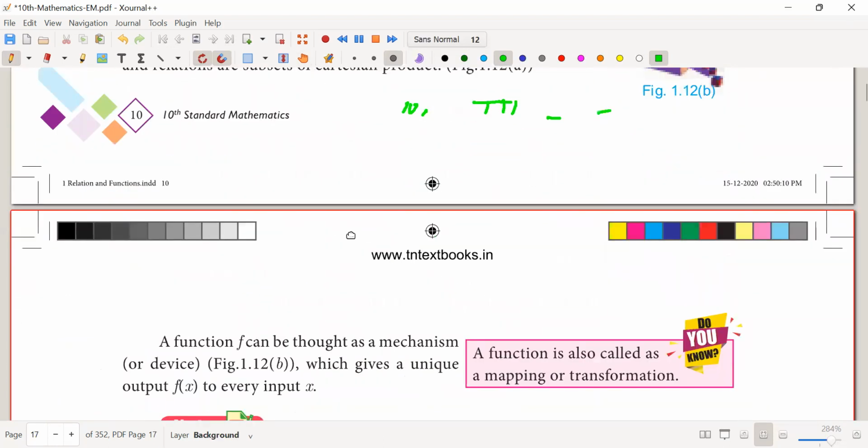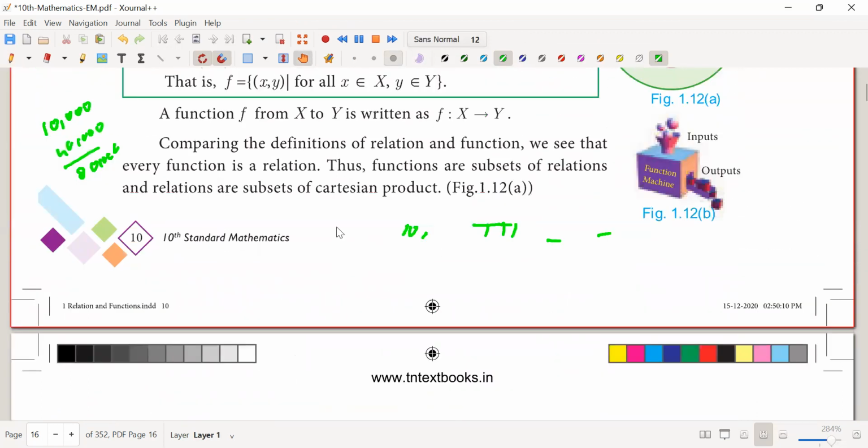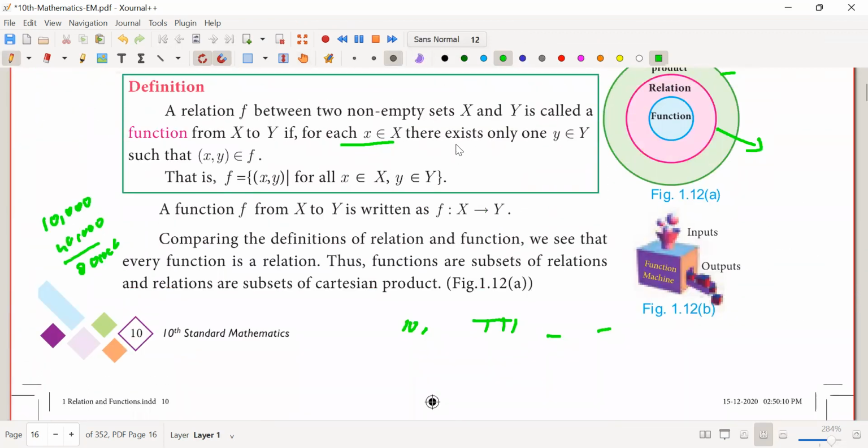Understood now? For every element of x, there should be only one element of y. That is known as a function. Right? A function f from x to y is written as f: x to y.